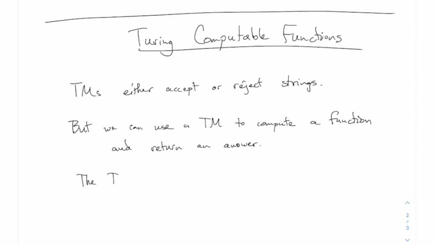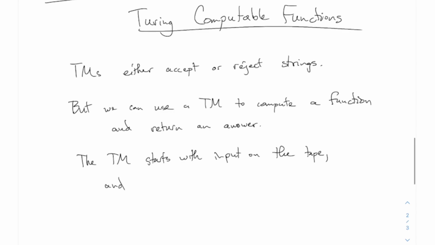The Turing machine starts with input on the tape, and in this way of using a Turing machine, rather than just accepting or rejecting, it halts, that is to say, it stops after a while with the answer on the tape. All right. This is the idea. The Turing machine starts with some input on the tape, and it halts with the answer on the tape.